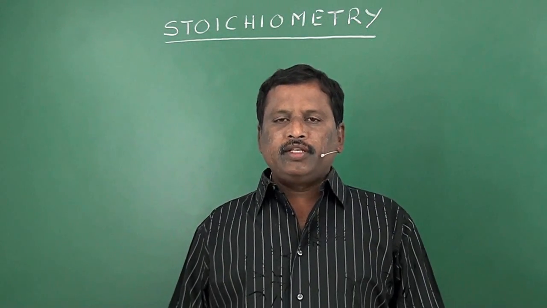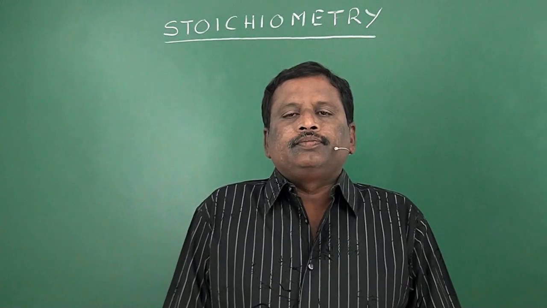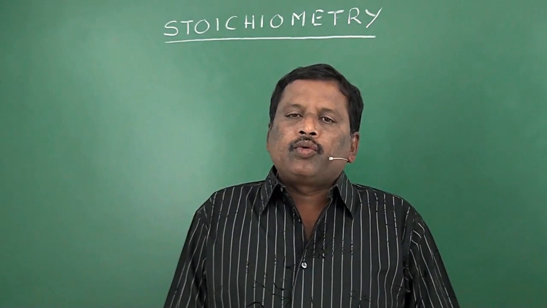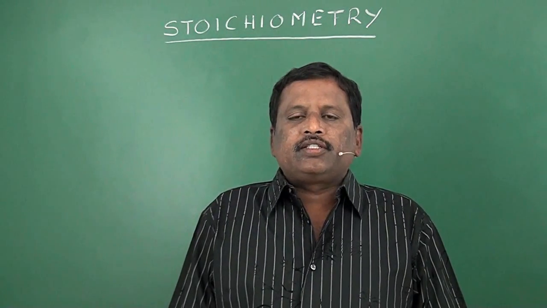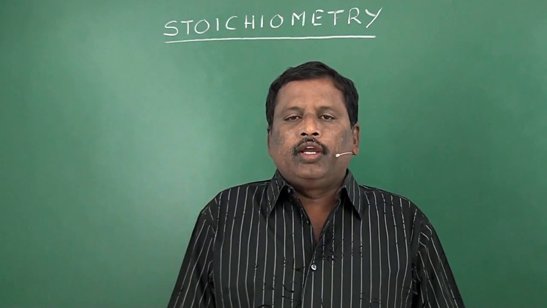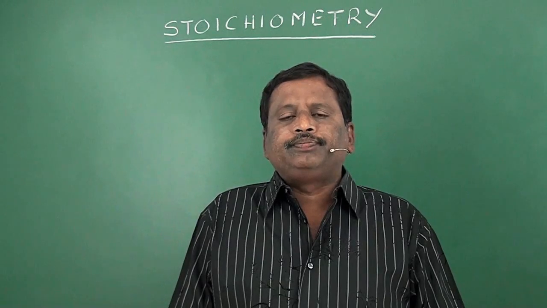Stoichiometric calculations means the calculations which are made on the basis of a balanced chemical equation. What is a balanced chemical equation? We have already discussed the law of conservation of mass.